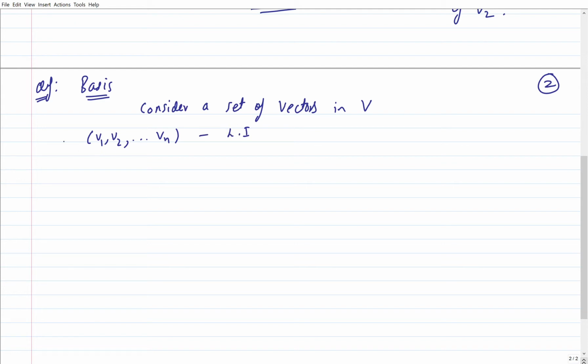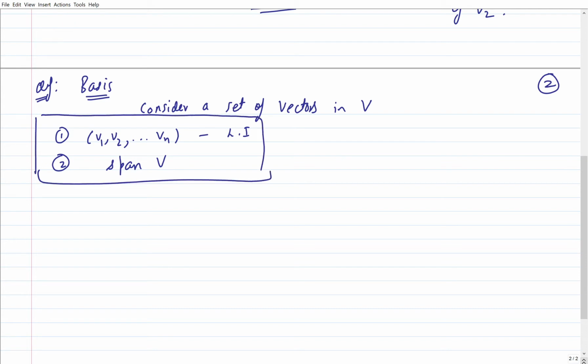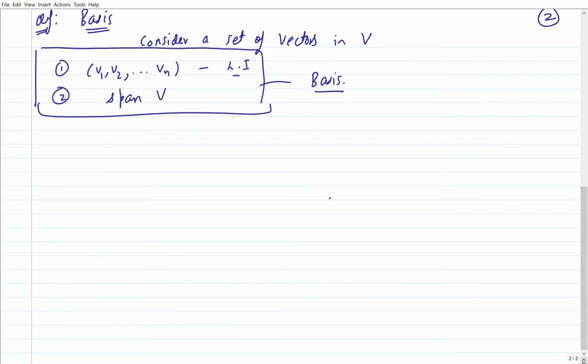That's the first condition. Second, they span the vector space. So if these two conditions are met, a set of vectors which is linearly independent and it spans the vector space, this is a basis. So we'll denote basis by B.